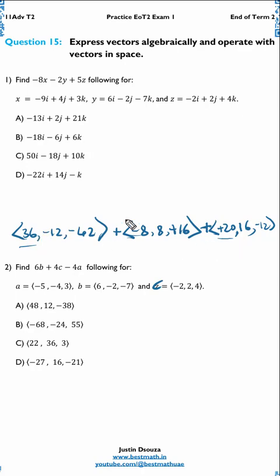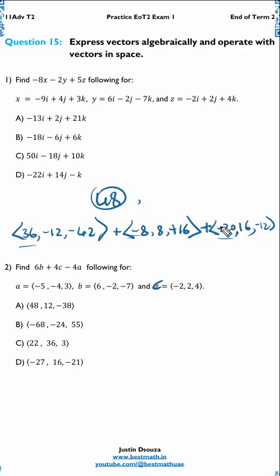Now look in the first dimensions only and solve them up. 36 minus 8 will be 28. And then plus 20 will be 48. 48 is the first one. Minus 12 plus 8 will be minus 4. Next one. Wait a minute. Yeah, 16 plus 8 is going to be 24.